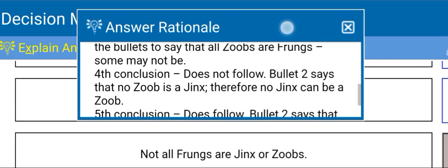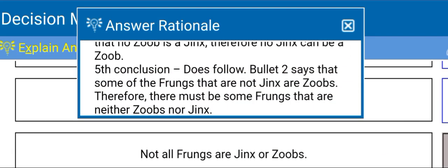Next we have the last conclusion of this question, which says not all frunks are jinks or zoobs. It does follow, as bullet 2 says that some of the frunks that are not jinks are zoobs.